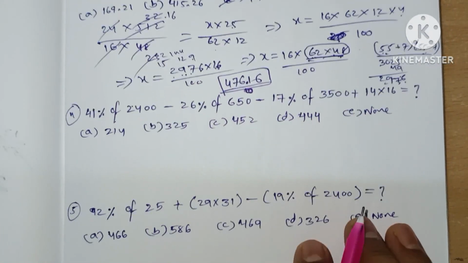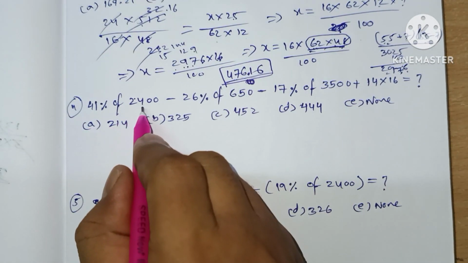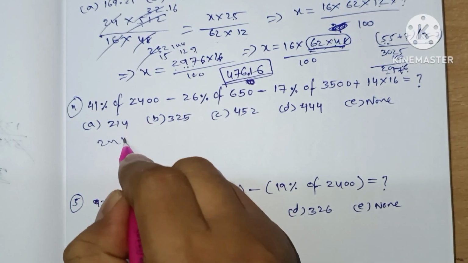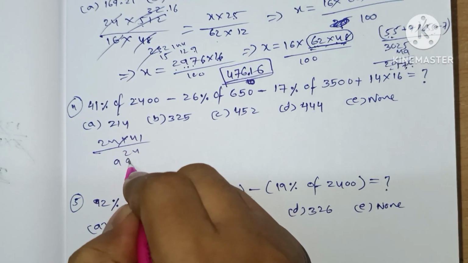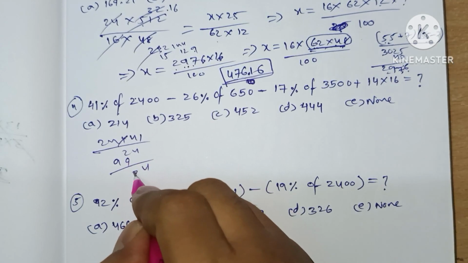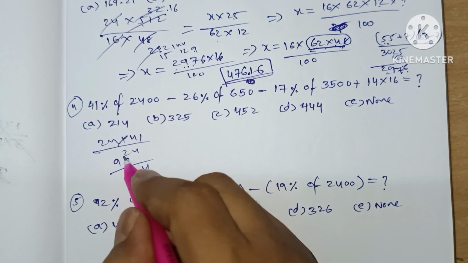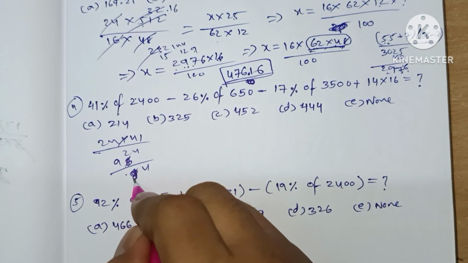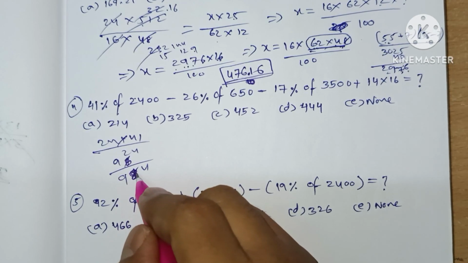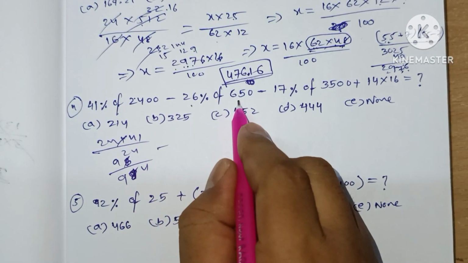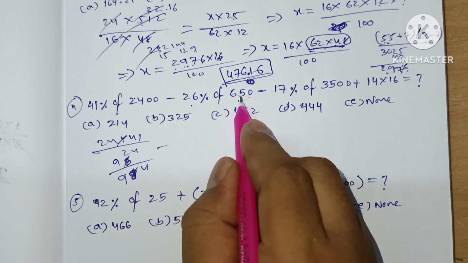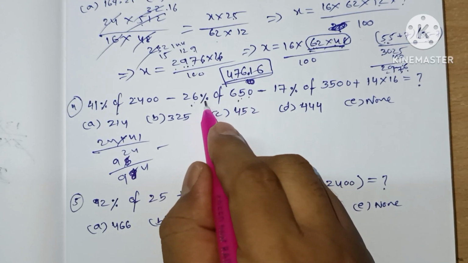Next one, 41% of 24 means 24 into 41, which will be 984, minus 26% of 650. 5 multiple, 2 multiple and a percentage.